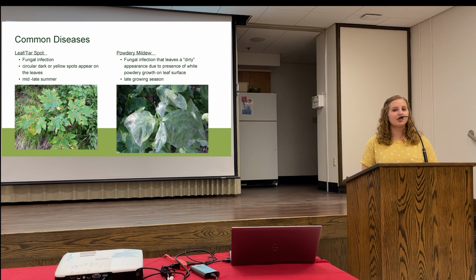And then another common disease that you've probably seen, or I hope you haven't seen because it's kind of annoying, is powdery mildew. So this is another fungal infection that leaves the leaves looking kind of dirty. They have this white dust on them. And this is more prevalent later in the growing season.